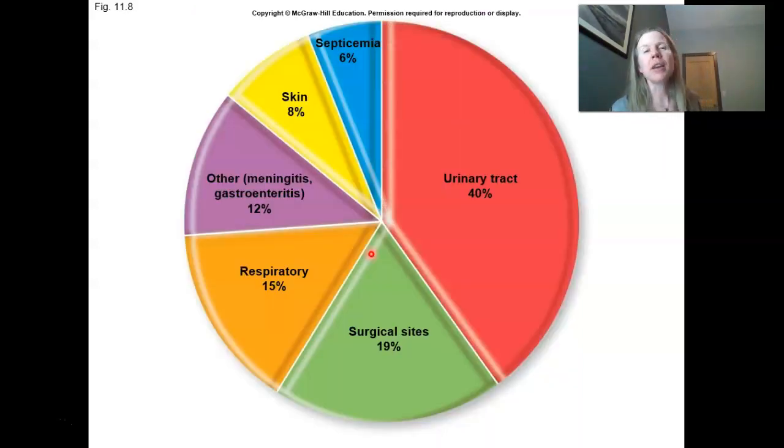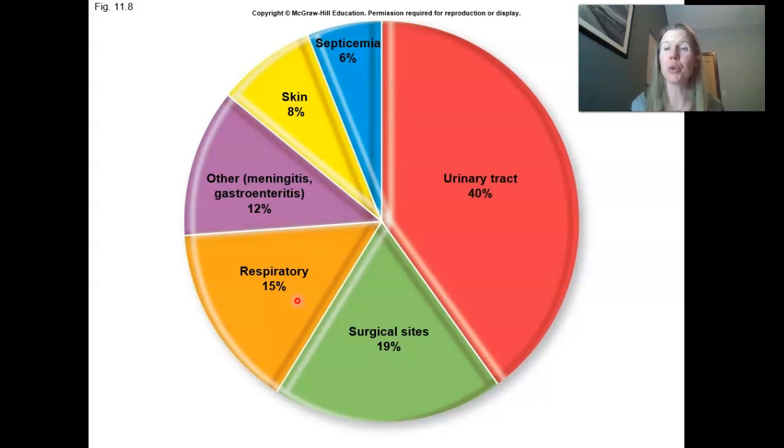Okay, so then one of the things we should really consider, particularly because we're going into healthcare, is this idea that the hospital or the healthcare setting can be a source of disease. And so there's a special name given to infectious diseases that are acquired during a hospital stay.